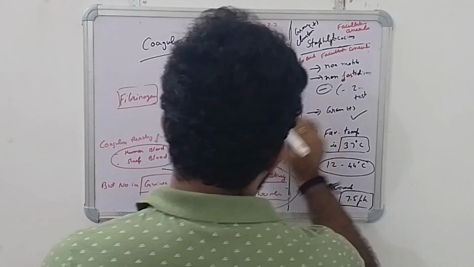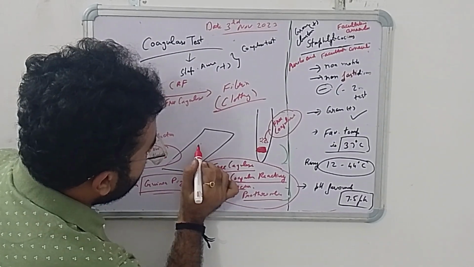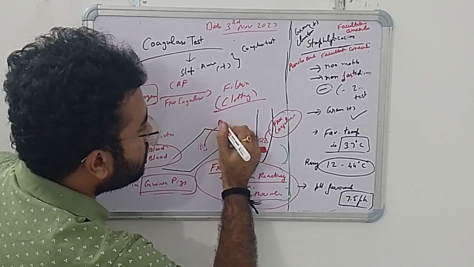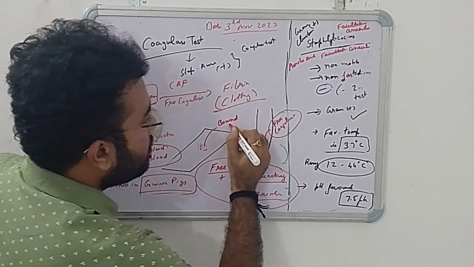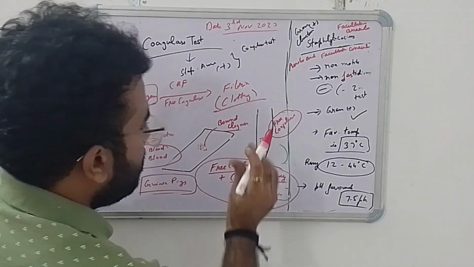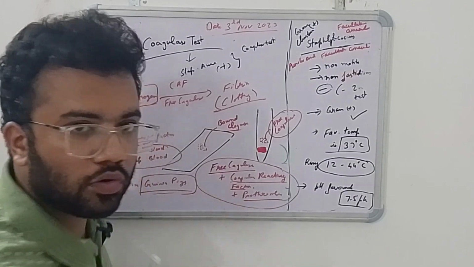Okay, free coagulase. Now in the slide method, there will be bound coagulase, there will be no free coagulase. The difference between the slide and test tube methods is that in the test tube there is free coagulase, while in the slide there is bound coagulase.